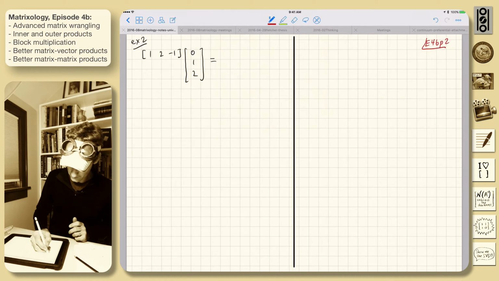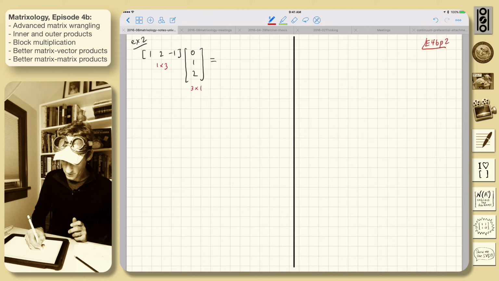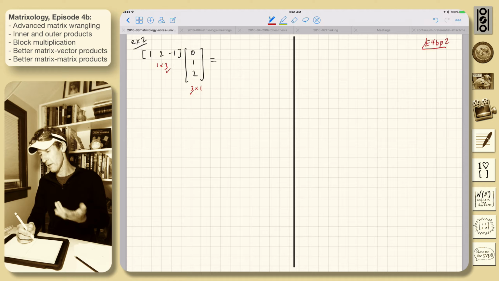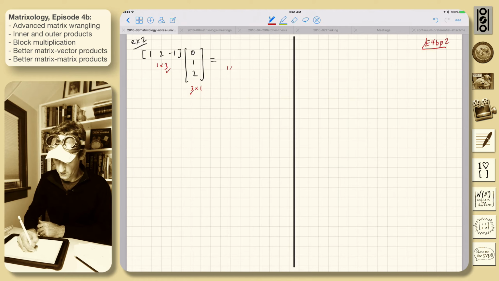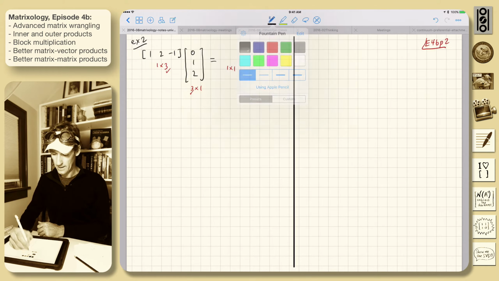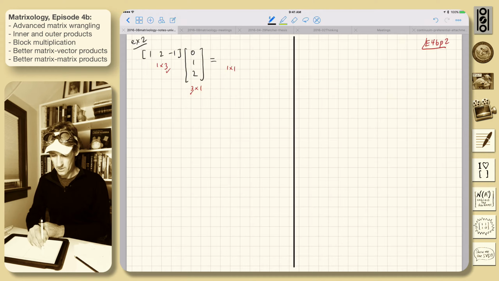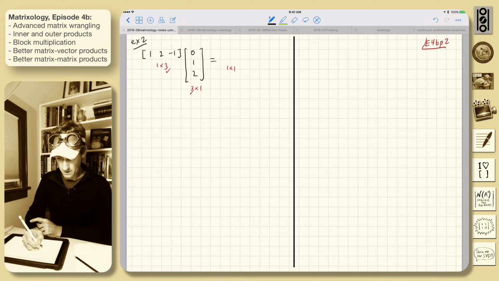This is a weird looking thing, but it's fine. It's 1 row by 3 columns, 3 rows by 1 column. So these match. And what does it give us? It gives us a 1 by 1, which we're going to say is a number. So it's just that dot product: 1 times 0 plus 2 minus 2. In fact, I wanted to write a minus 2 here.